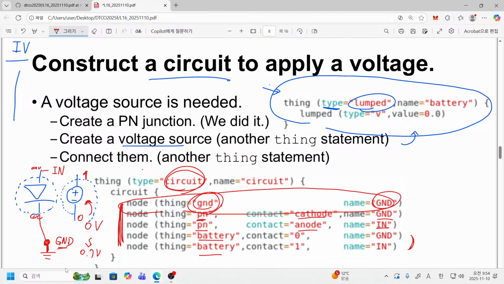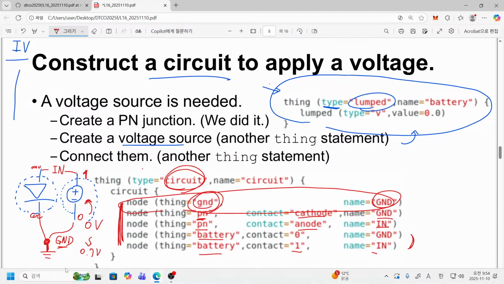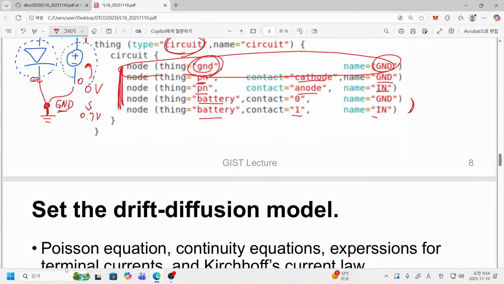So we have a connectivity between 0 and ground, and between 1 and in. After this specification, you can understand we are just drawing a simple PN junction connected to the voltage source. So that is a way we can do it.